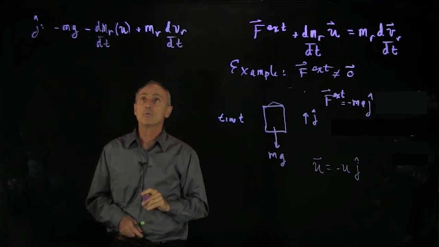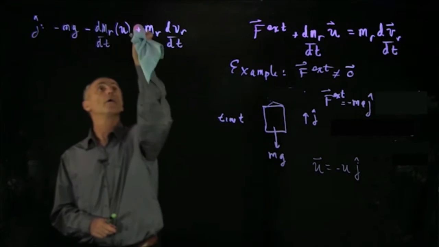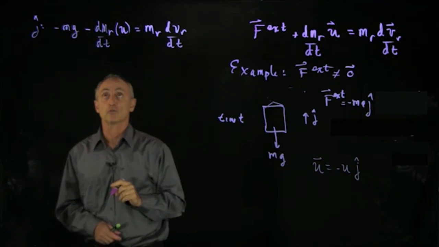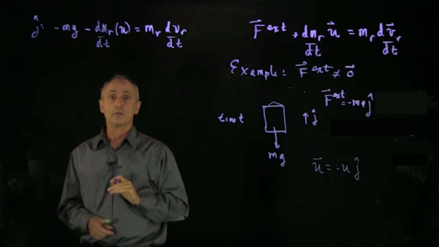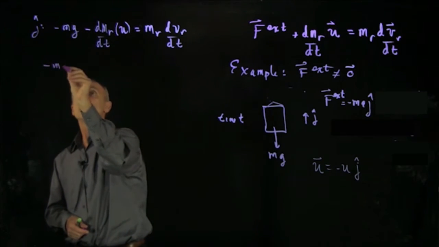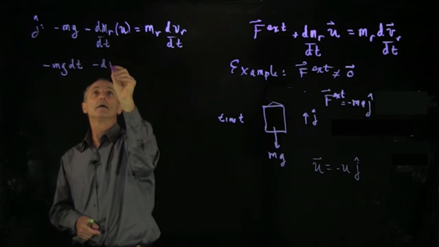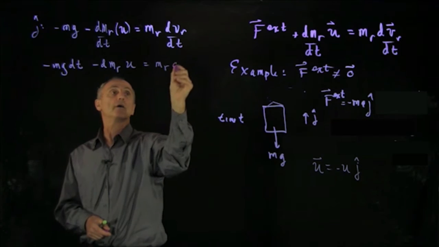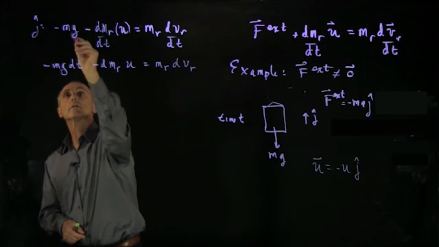Now, once again, we're going to try to integrate this equation to find a solution for the velocity as a function of time when all the fuel is burned. So what we do is we'll multiply through by dt. And we have minus dm_r times u equals m_r dv_r, and this is the mass of the rocket.